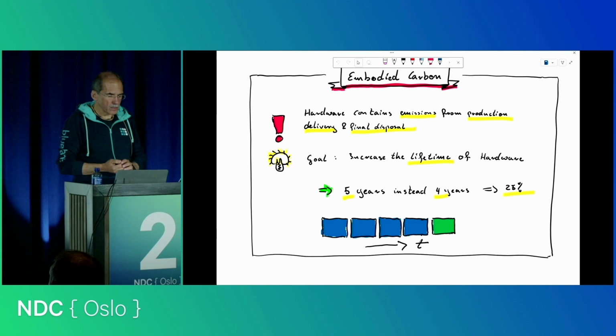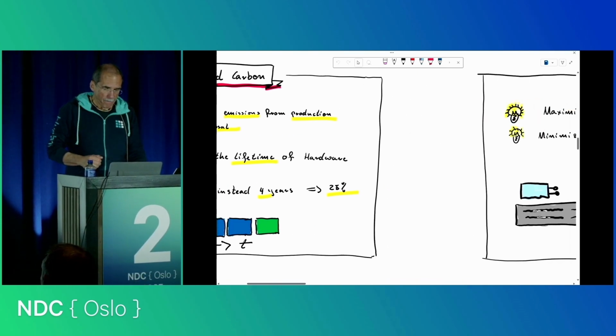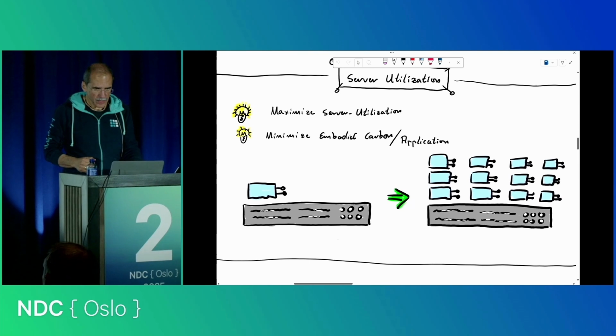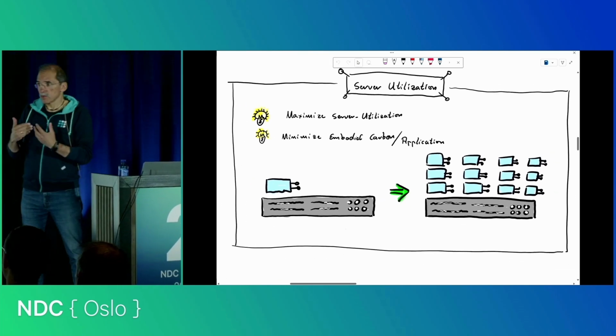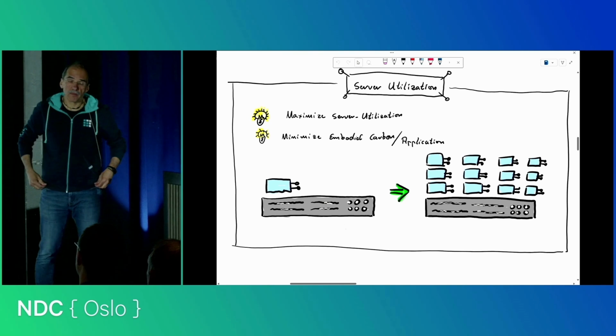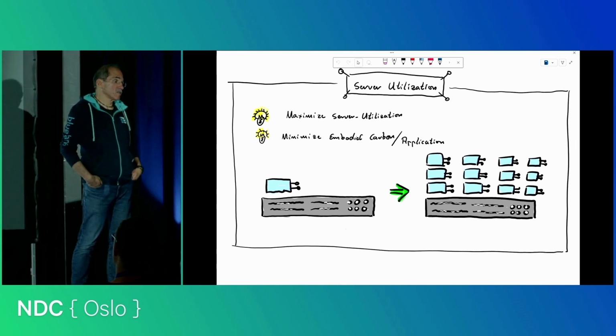And it depends on the software running on this. The next one, and I think the most important field we can work on, is increasing the server utilization.